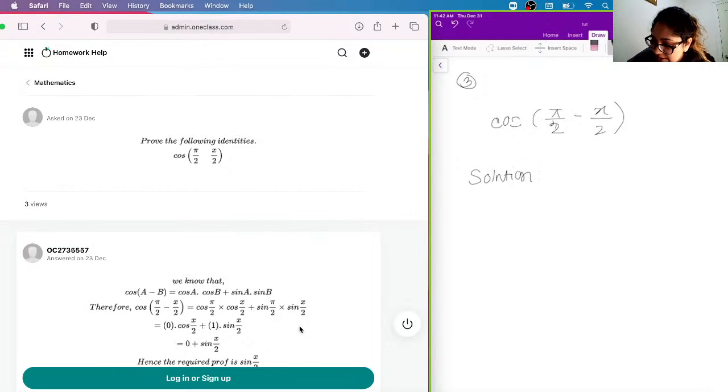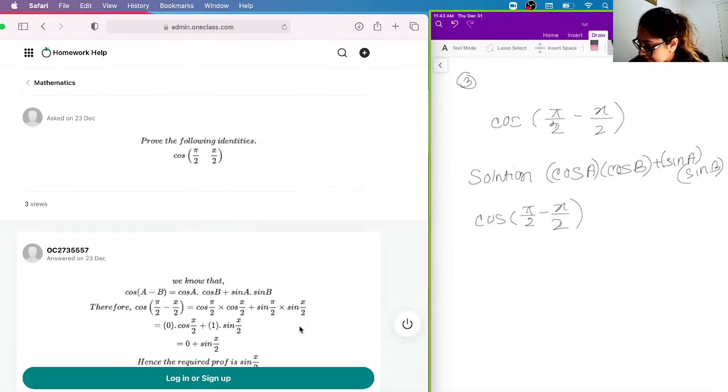We can apply the cosine rule, and if you recall, cosine rule is cos of A minus B equals cos A times cos B plus sine A times sine B. And so keeping this in mind, we can apply this to our expression here, which is cos of pi over 2 minus x over 2.